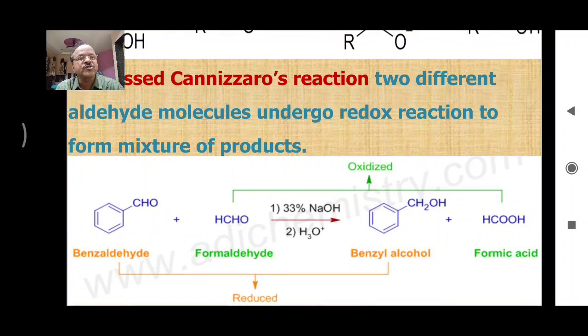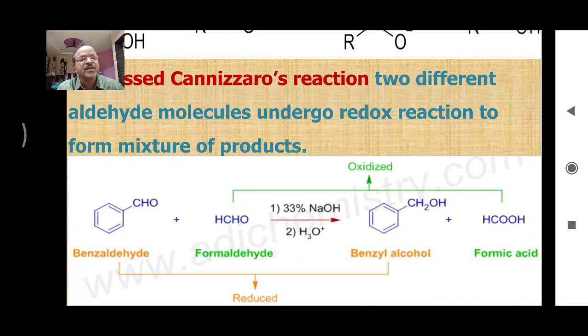In presence of this base followed by acid hydrolysis, we are getting this benzyl alcohol, and this is formic acid. So actually here only these two products are shown, but we get a mixture of products. I am not telling you all those products in detail, but a mixture of products is obtained in crossed Cannizzaro reaction, and these are the two products from the mixture.